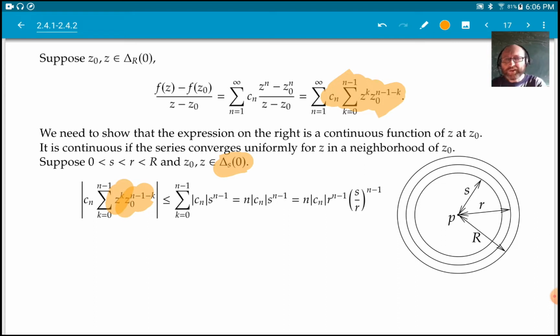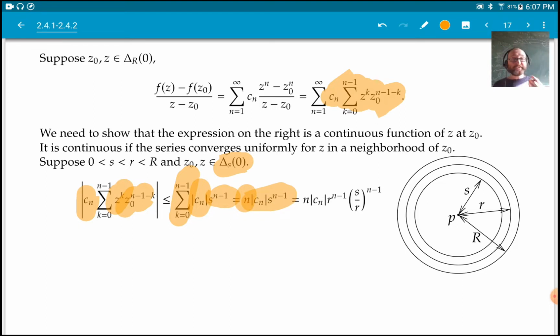So they're kind of the same thing, and I just get the power n minus 1. I still have this sum in there. This guy doesn't really depend on k. I'm not actually sure why I put it inside here, but it's okay. I have n of these, going from k equals 0 to n minus 1, so the n comes out. So I just get this formula over here.